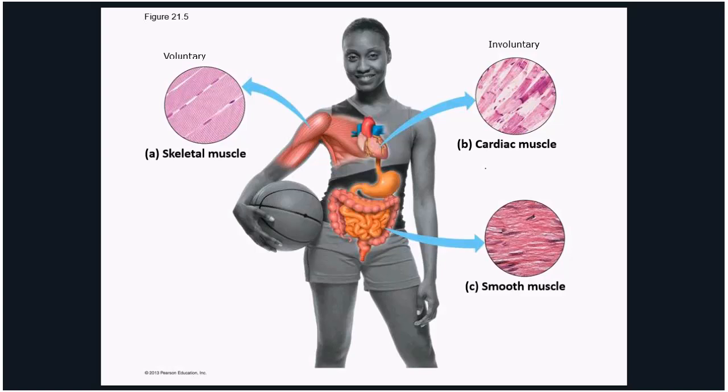So if you're looking at cardiac muscle and smooth muscle, cardiac muscle you are only going to find in the heart. It has short, effective contractions that allow a coordinated heartbeat. Smooth muscle tissue, like I said, you can find all along your digestive tract to move food along.